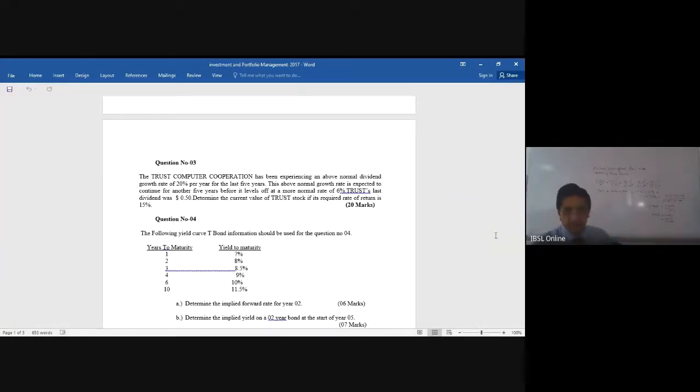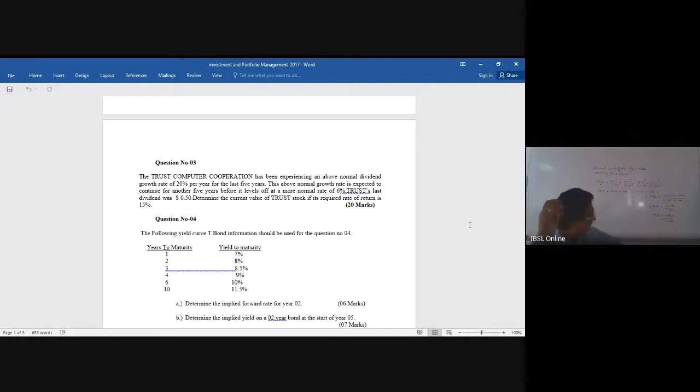When you prepare the workings, first of all, you calculate the dividend cash flows for the first 5 years. The first year cash flow is 0.5 into 1.2 divided by 1.15.